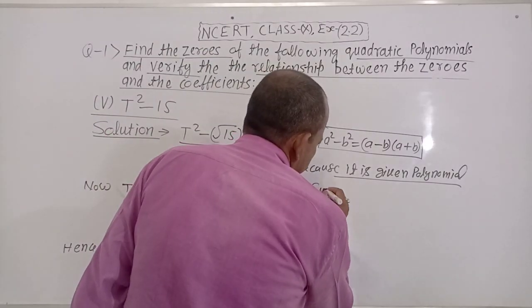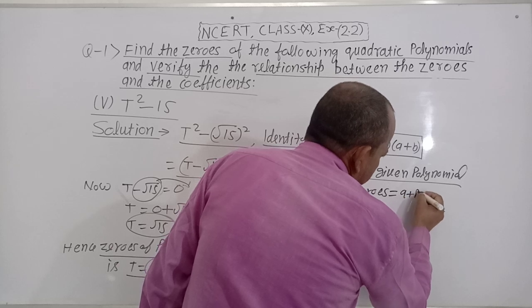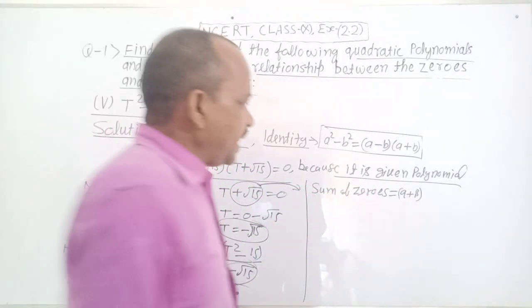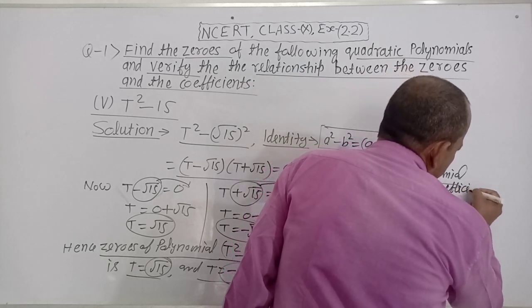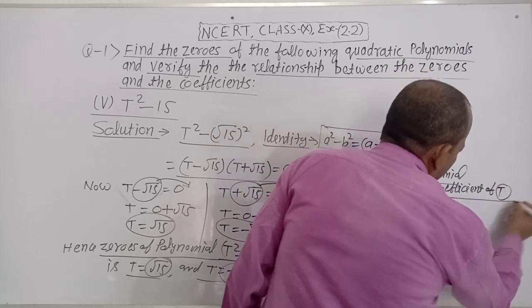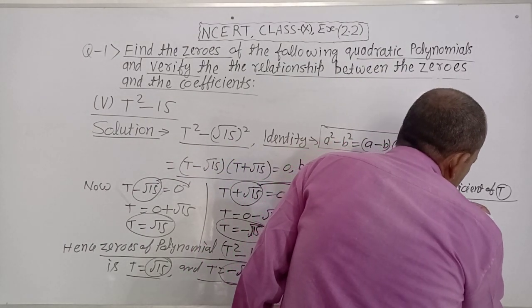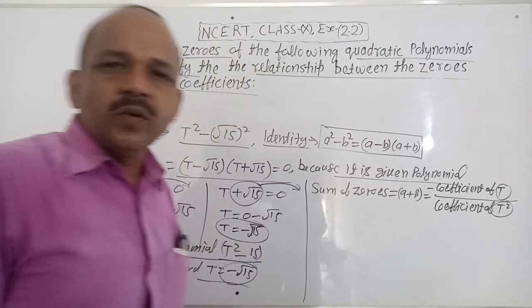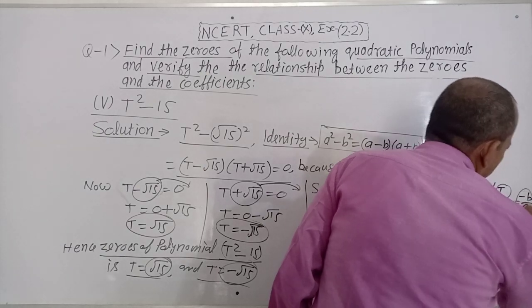Sum of zeros equal to alpha plus beta equal to minus coefficient of t upon coefficient of t square, equal to minus b by a.